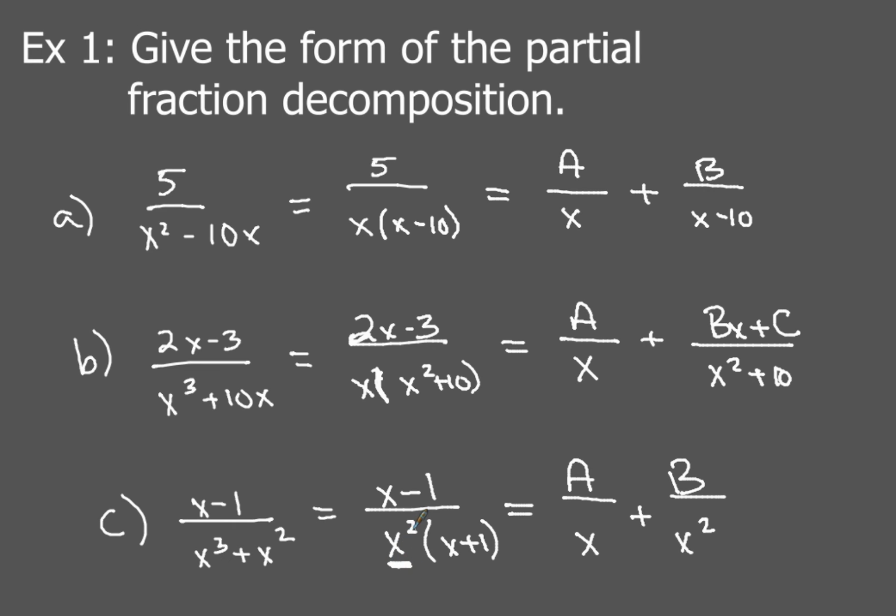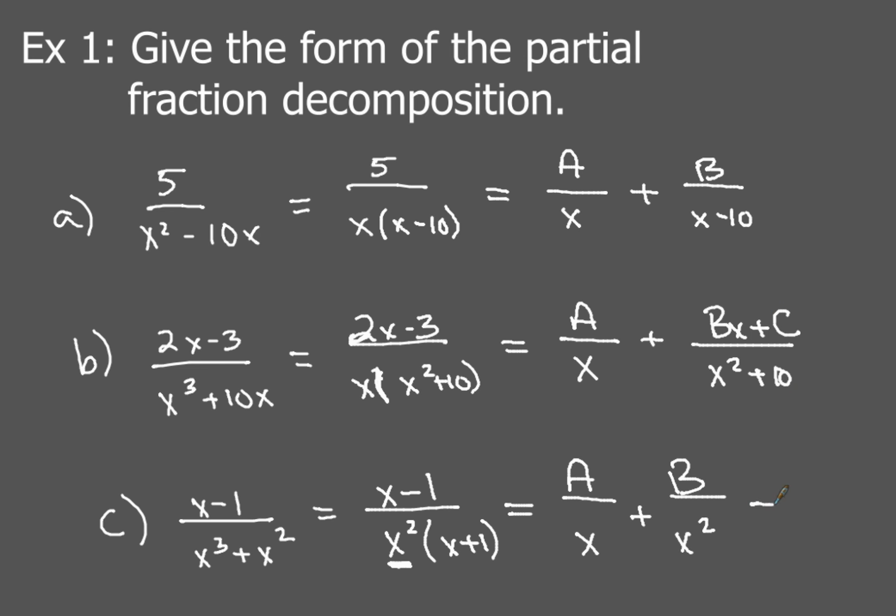Now if we were to factor out an x cubed instead, then we would end up with A over x plus B over x squared plus C over x cubed. But since we just have x squared, we're going to have just A over x plus B over x squared. Now that's how you break that part down.